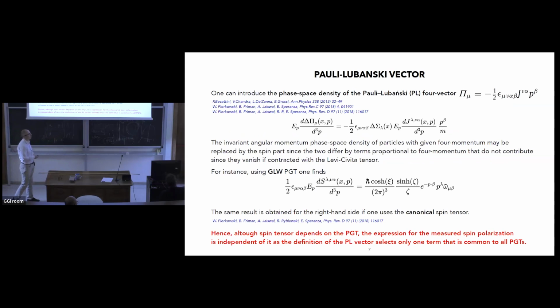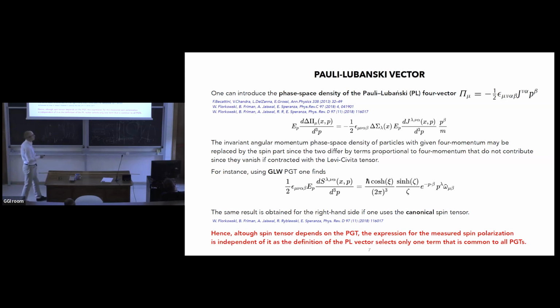If you write down the expressions for these currents, you can write the phase space density of the Pauli-Lubański vector in this form, and on the right hand side you have a total angular momentum density. If you put both contributions from the orbital and spin part, the orbital part doesn't contribute to this equation, and you are left basically with the spin part.